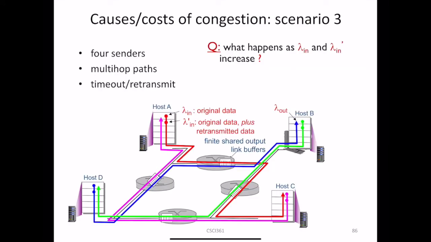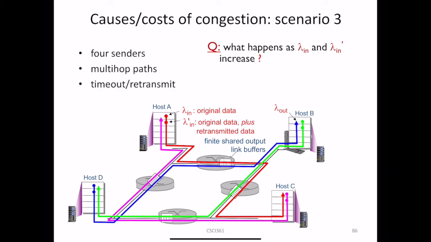Then let's see scenario 3. Here we suppose we have four senders, which are host A, B, C, and D. And these senders will use a multiple-hop path to transfer the data over the internet. Also under this scenario, timeouts may happen, which can trigger a retransmission.